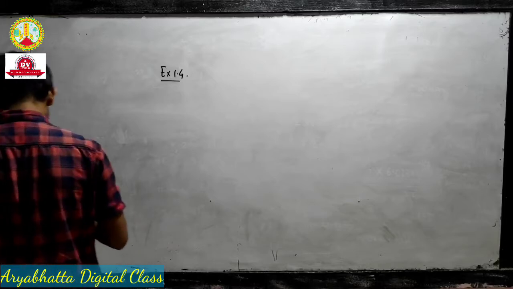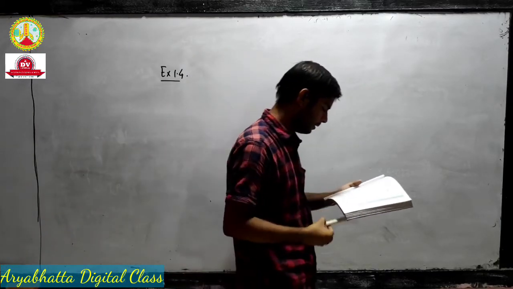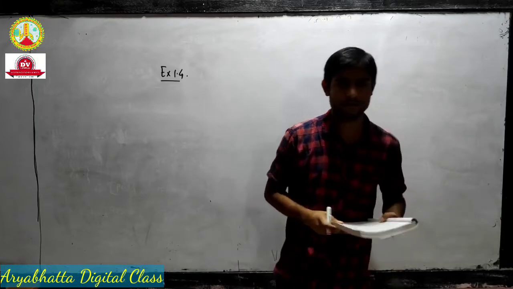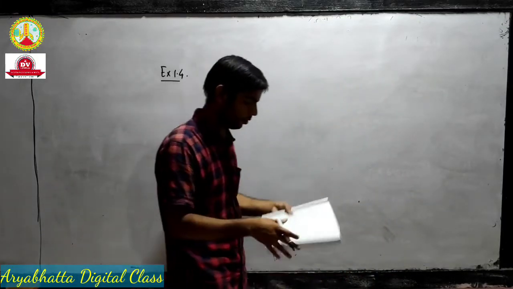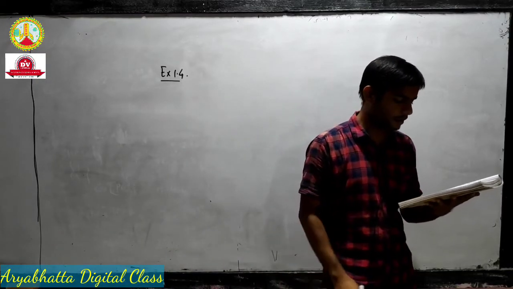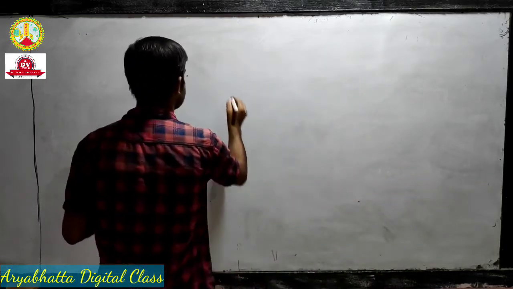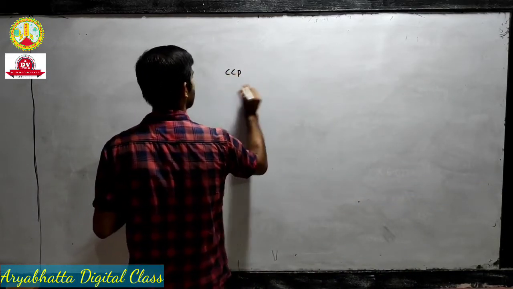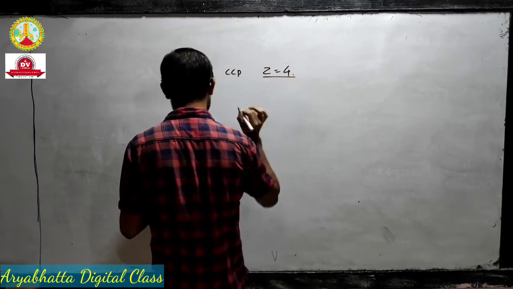So one more question is, silver forms CCP lattice. CCP means cubical close packing. X-ray studies of the crystal show that the edge length of the unit cell, that means CCP structure, gives you Z equal to 4. Cubical close packing has 4.